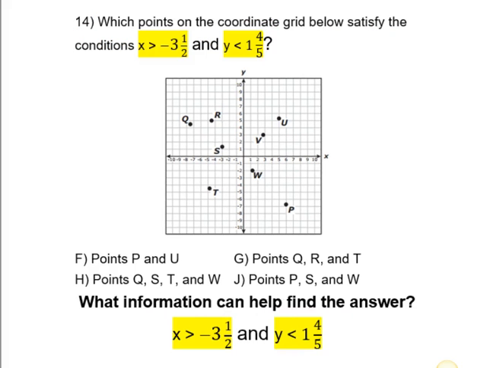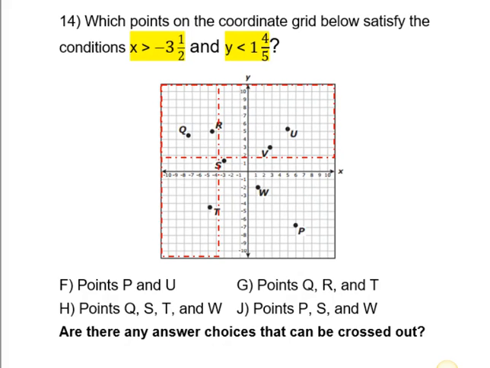What information can help us find our answer? Okay, x is greater than -3/2, and also y is less than 1 4/5. So what we're going to do is plot those items so that we can cross out or eliminate the coordinates that are in those ranges.